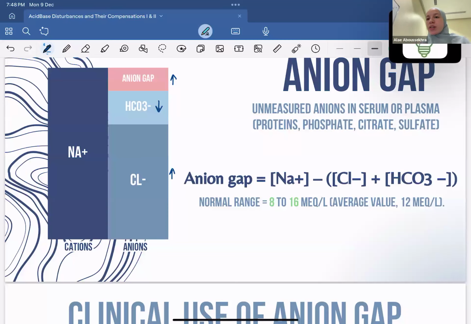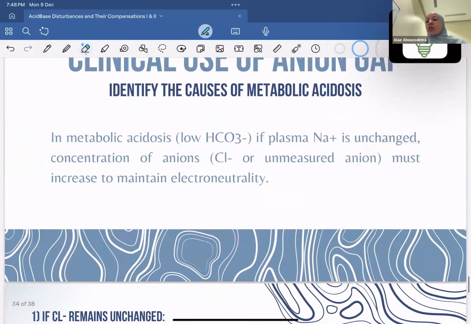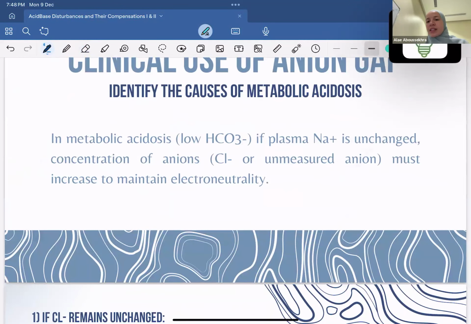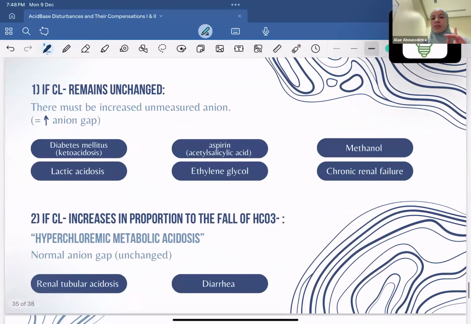And whichever one increases is how we determine what caused the problem. So obviously, when we have metabolic acidosis, there's going to be low bicarbonate, and the sodium is not going to change. So we want to maintain the electroneutrality. So either chloride or the unmeasured anion, which is the anion gap, is going to increase. So these are the two cases.